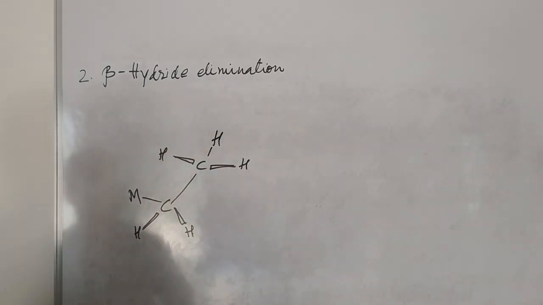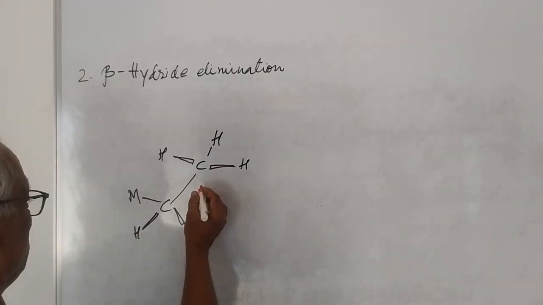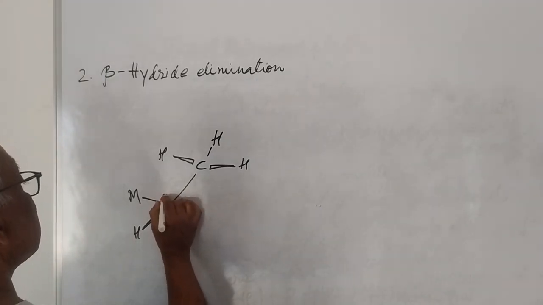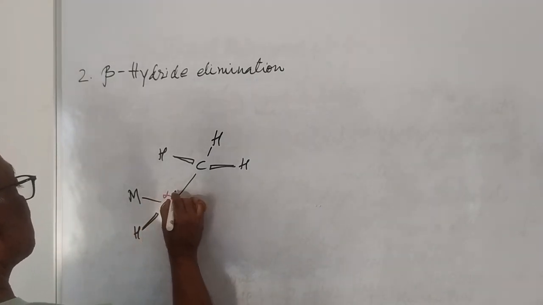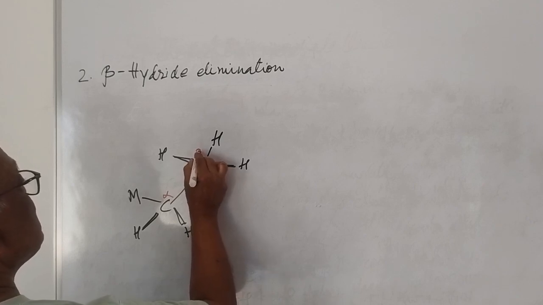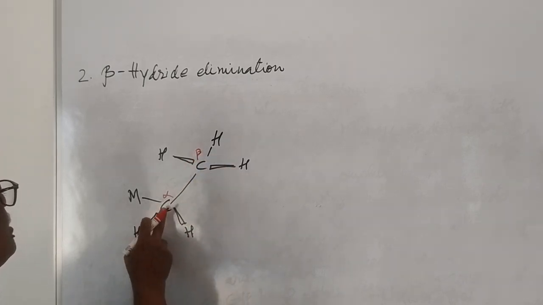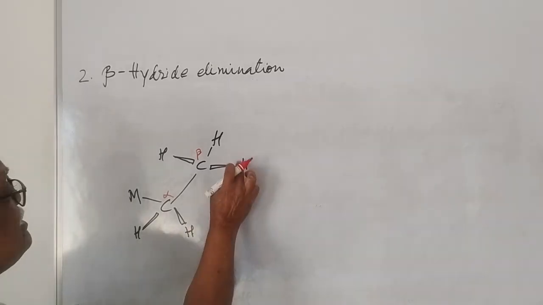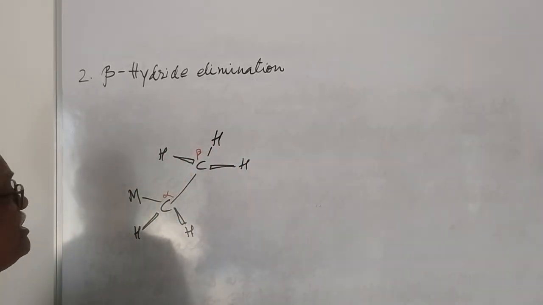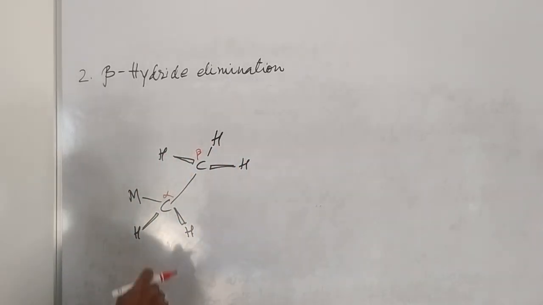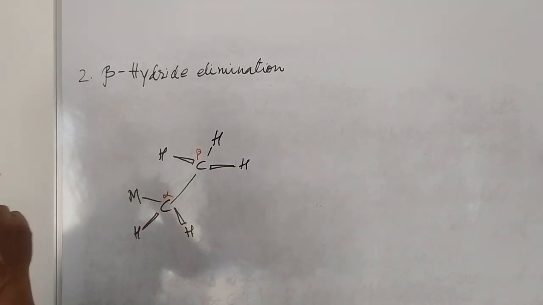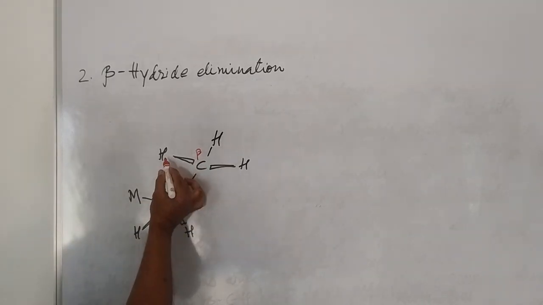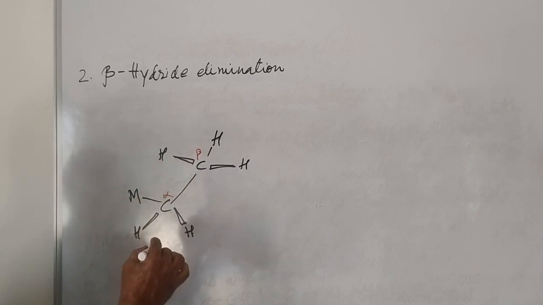So this is the alkyl organometallic compound, and this is the alpha carbon and this is the beta carbon. The hydrogens attached to the alpha carbon are called alpha hydrogens and these are the beta hydrogens. This is the hydrogen which is required in this reaction.